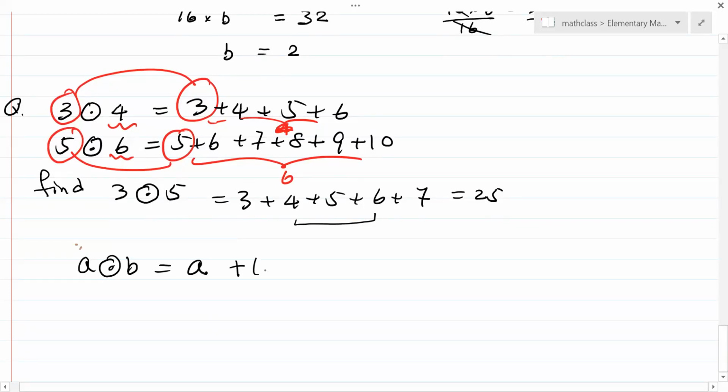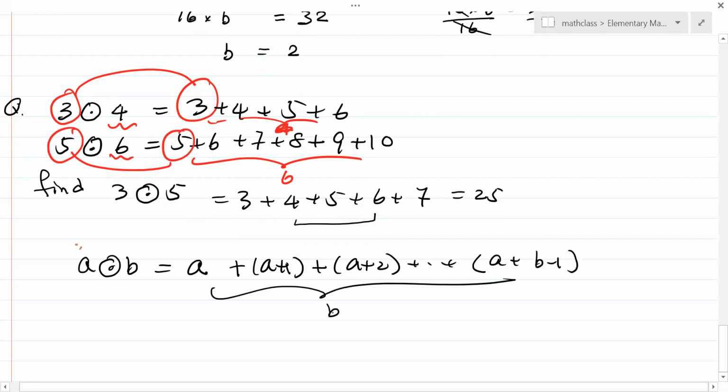The second number is A plus 1, right? The third number is A plus 2, right? And the last number, you have to figure out how many terms. There are B terms. So A plus B minus 1. So you have B terms. Okay, that's a formula.